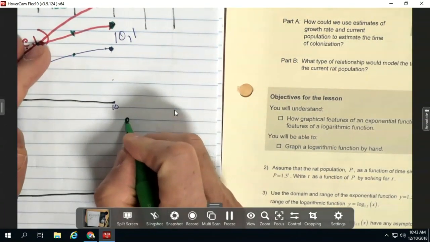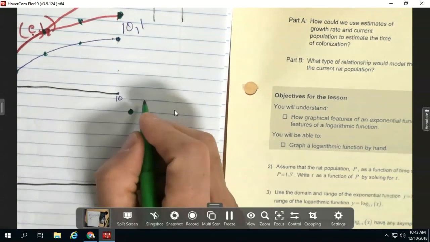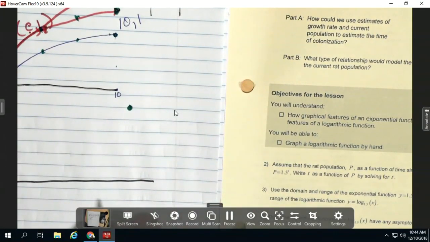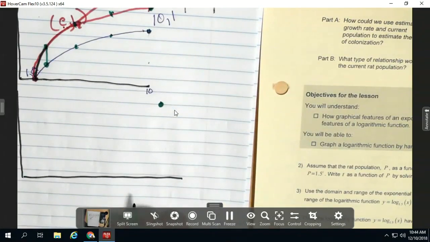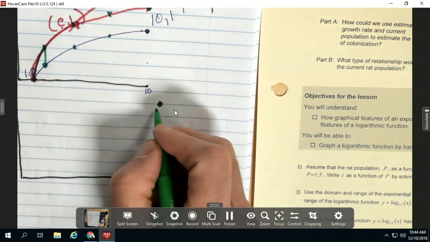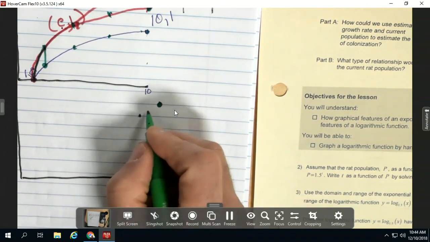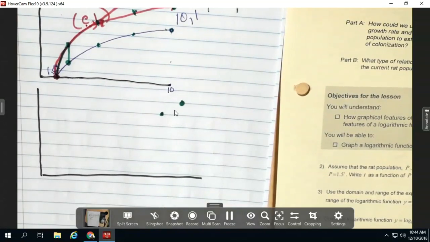Okay, so we know at this point right here, there are a certain number of rats. We know that it increased in the last year by this amount.